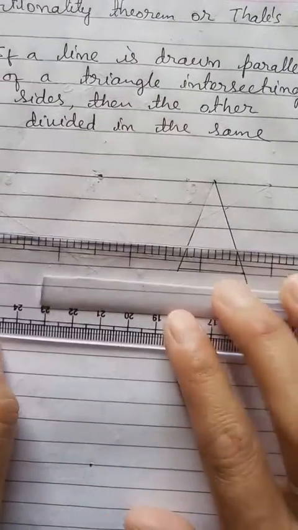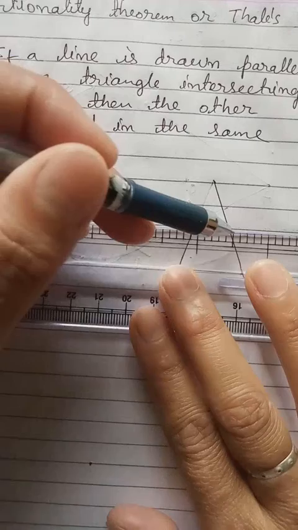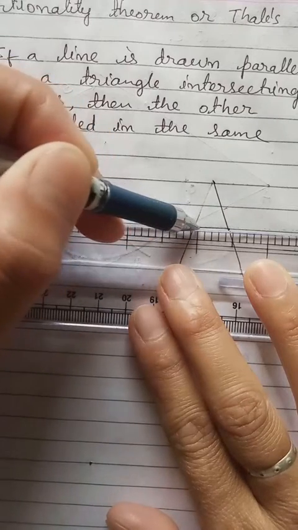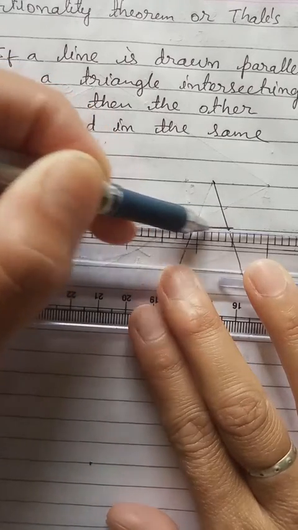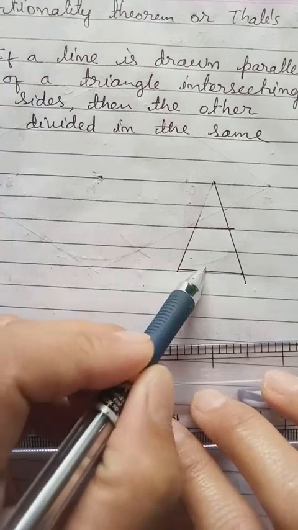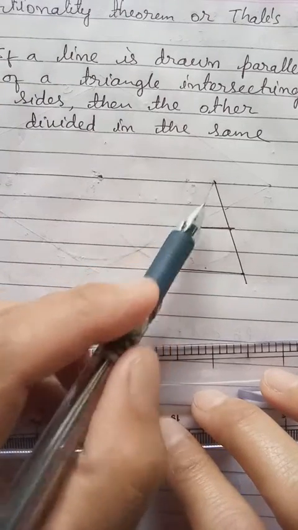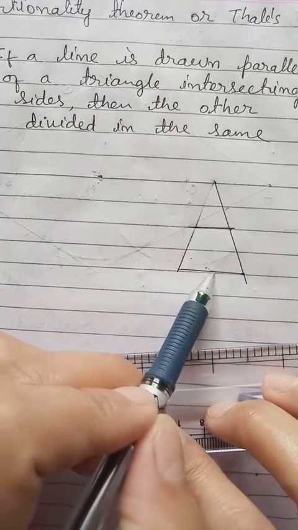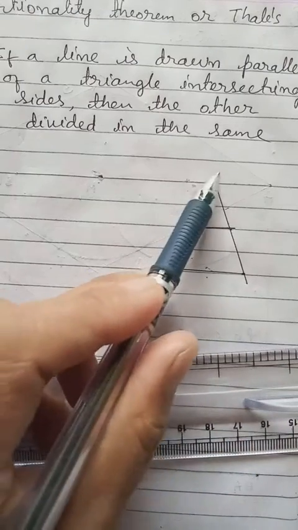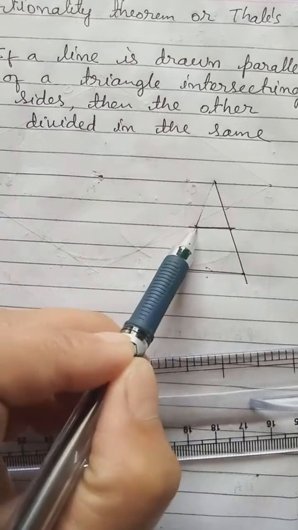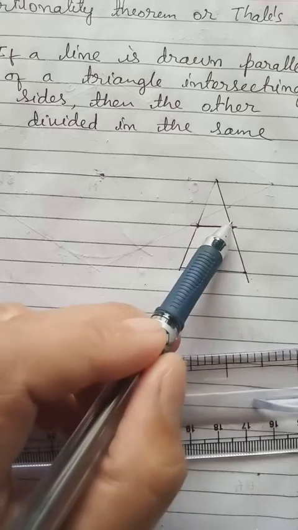So let's take the horizontal one. It is easy, okay? So we draw this line in the middle in such a way that it is parallel to this side, and you clearly see that it cuts this second side at this point, and this side at this point.